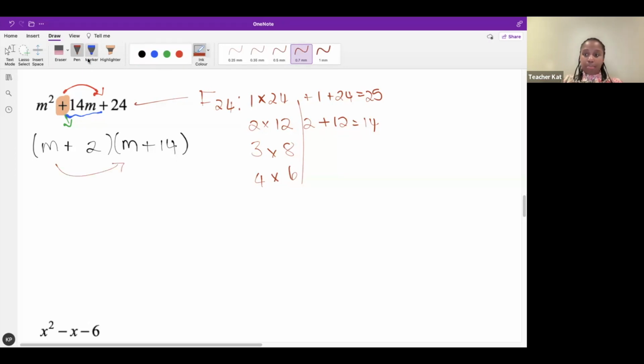What's m times m? M times m will give me m squared. And then outer, so 12 times m will give me 12m.